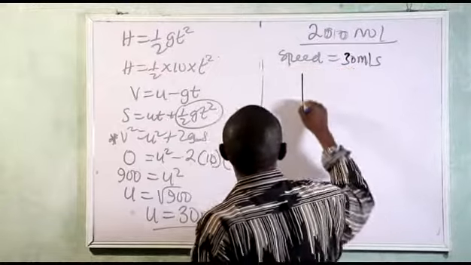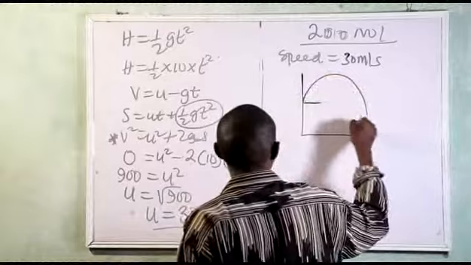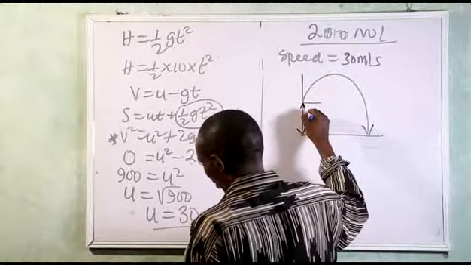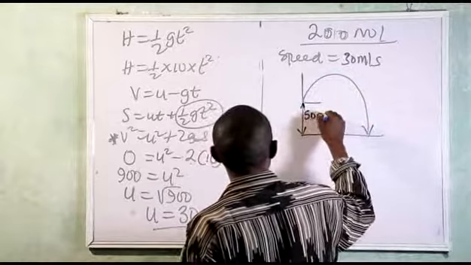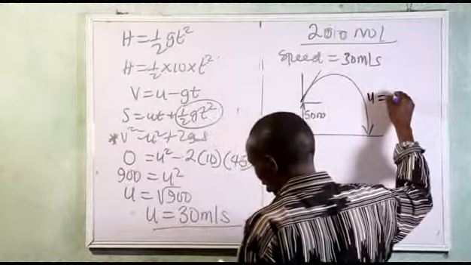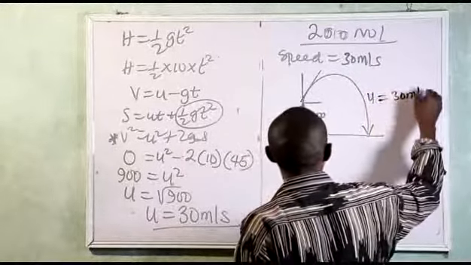The height of the tower is 50 meters. The velocity of projection here is 30 meters per second.